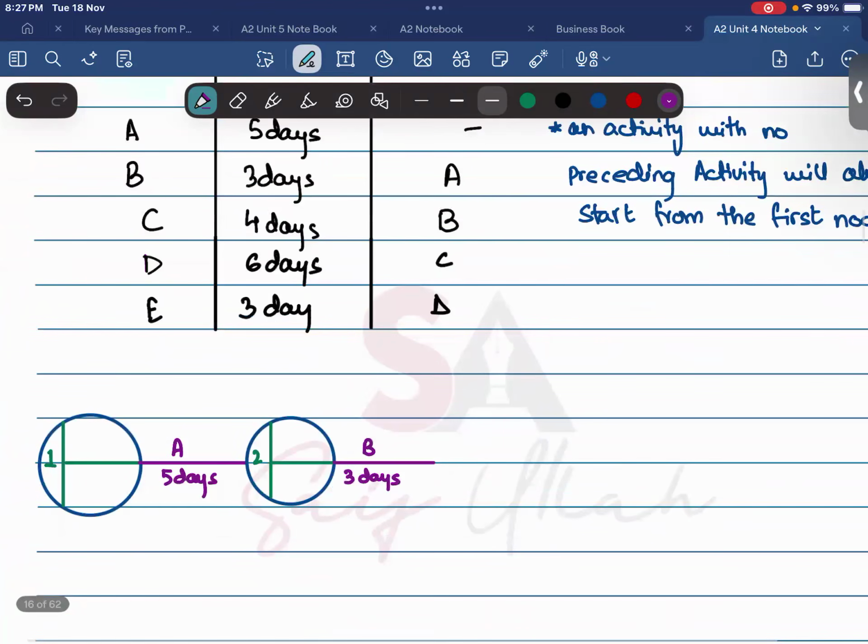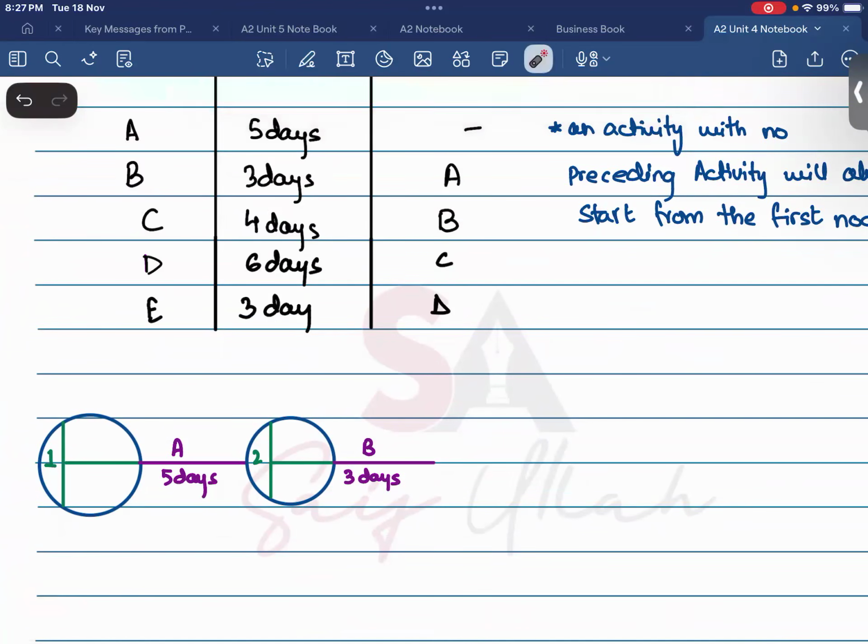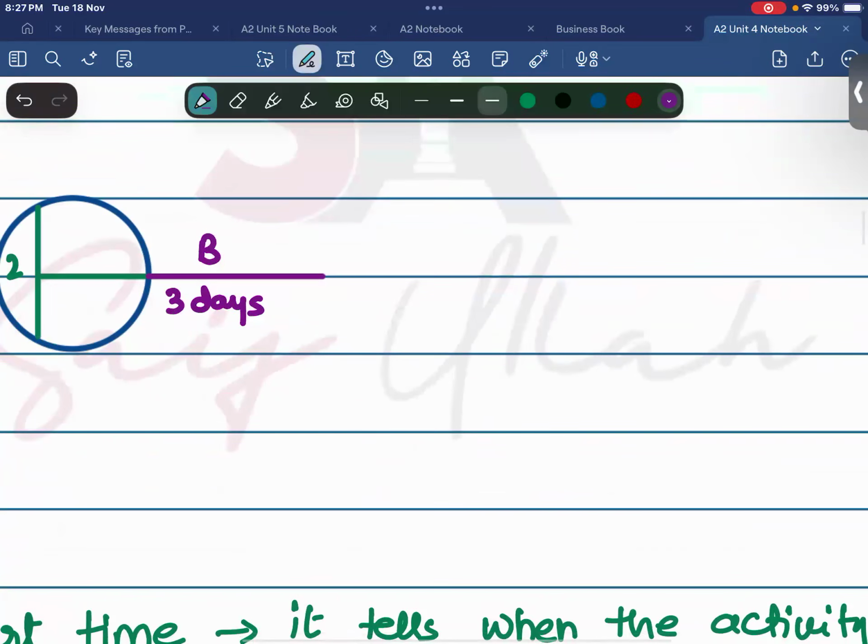Now, activity C has to be started because that's the next activity. And it will only start when B will be ended. So to end activity B, we have to make an ending node of this activity.